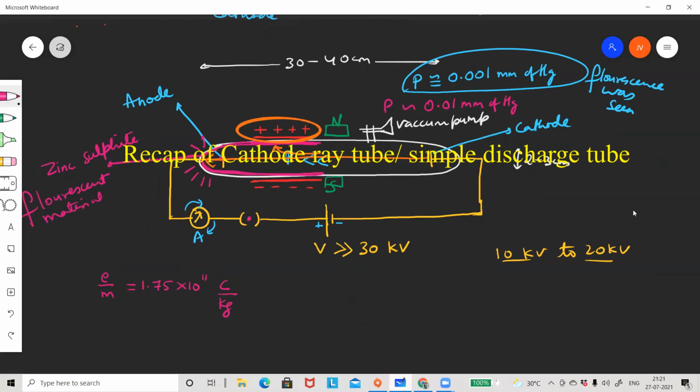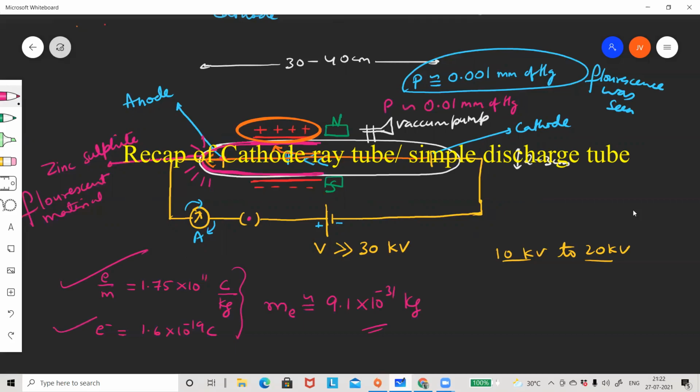And by the time, Millikan's oil drop experiment showed that the charge on an electron was approximately 1.6 into 10 to the power minus 19 coulomb. So this was known. From these two, the mass of an electron was calculated and it was found to be 9.1 into 10 to the power minus 31 kilograms.